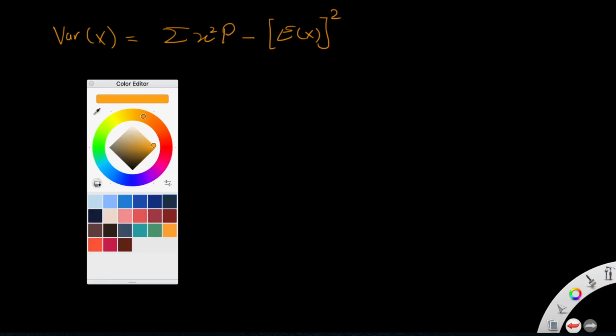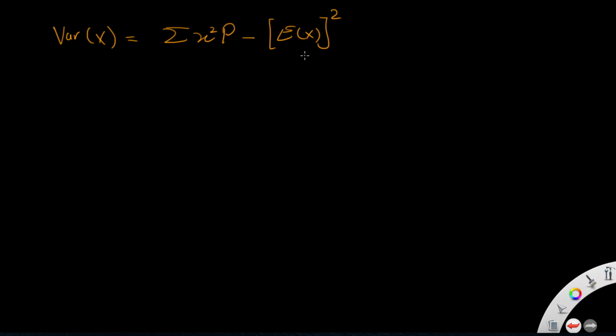As you see, it is so similar to the formulas that you learned in chapters 2 and 3. Here P is actually relative frequency, and here is the mean for the discrete random variable x.